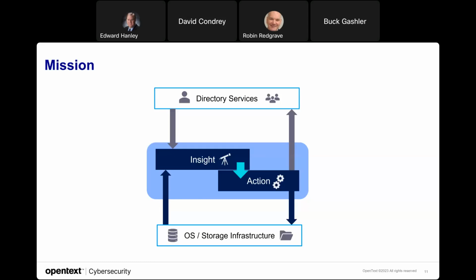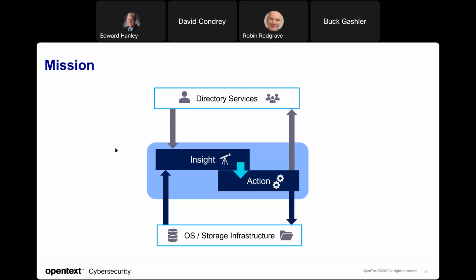So the ability to bring not only information about the data, but the people that operate around the data, and then putting action in place to not only manage data, but effectively tie that back to identity in the right way. And we'll talk about different ways that we're going about doing that in a few minutes.